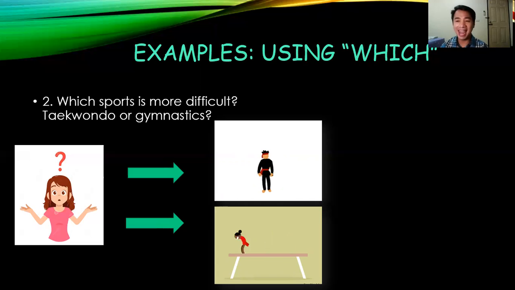Again, this is the question. Which sports is more difficult, taekwondo or gymnastics? What is your answer? So this is how you answer the question which. So you have two options or choices. Which is more difficult, taekwondo or gymnastics?